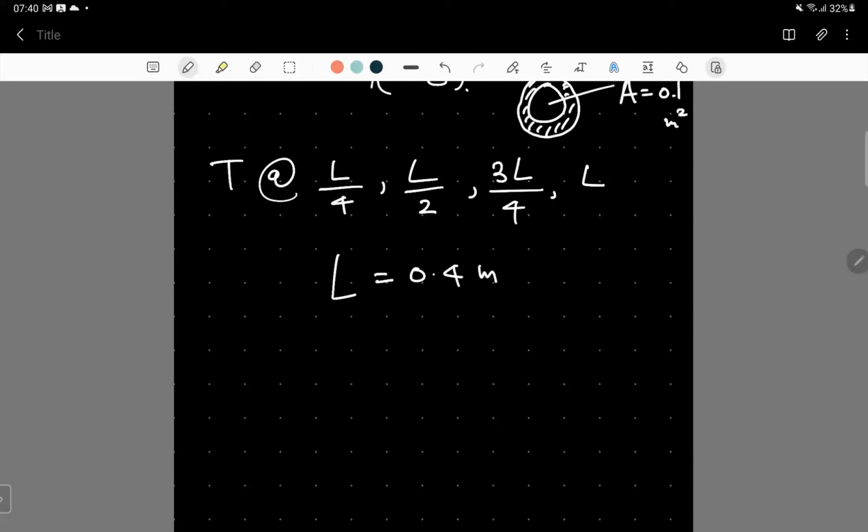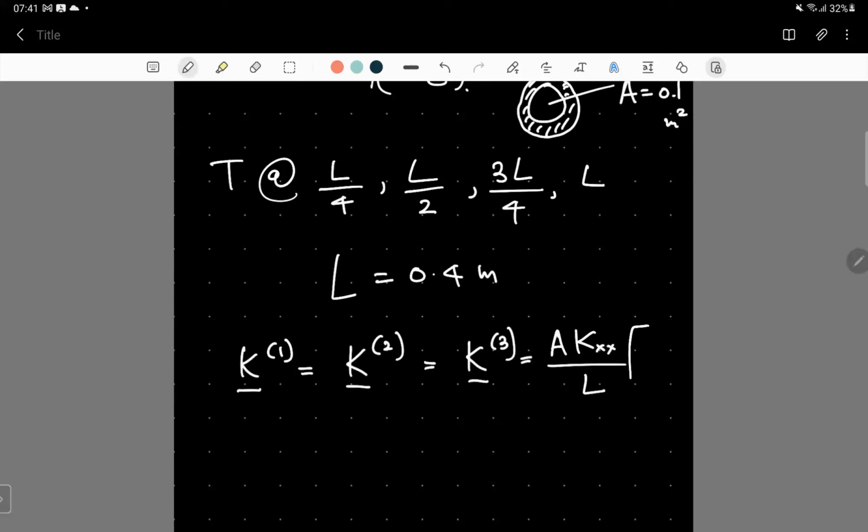Let's write the stiffness matrix for each element. K1, K2, and K3 is equal to A K_xx divided by L times [1 -1; -1 1].